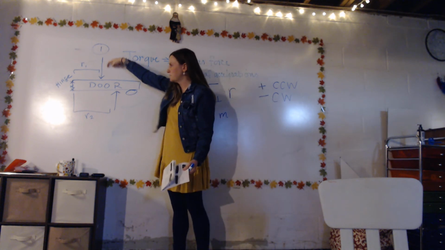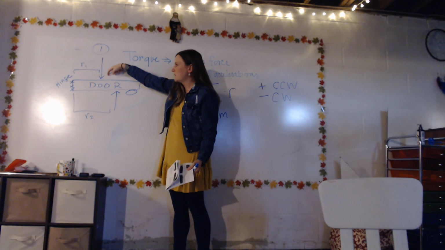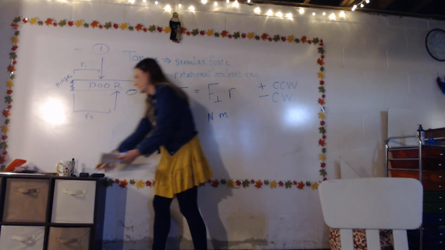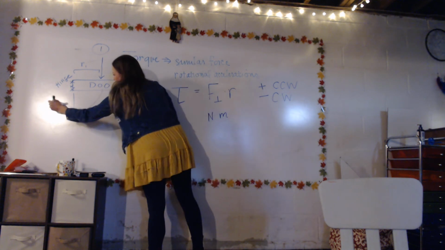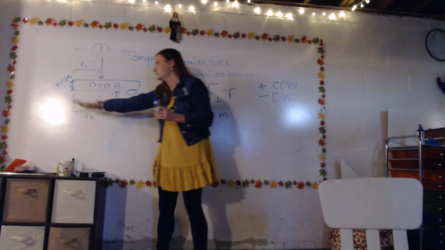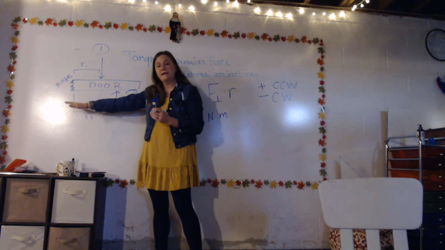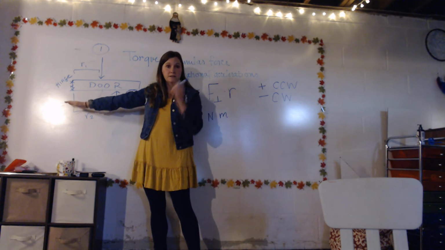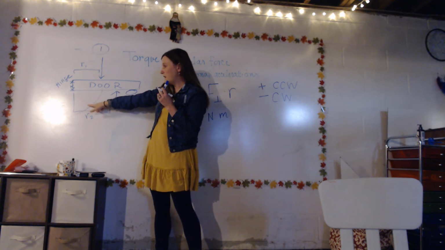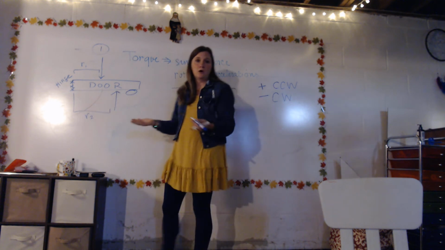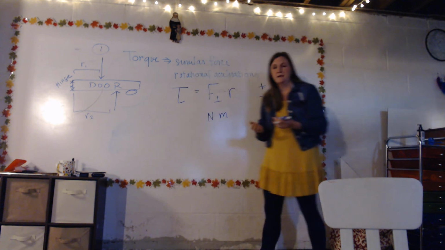If this force, which I have drawn pointing down, causes the door to spin, the door is going to spin in this direction, right? So I'm ignoring the other force. And that direction is clockwise. So since this force, the first force, would cause a clockwise rotation, we would call this torque negative.